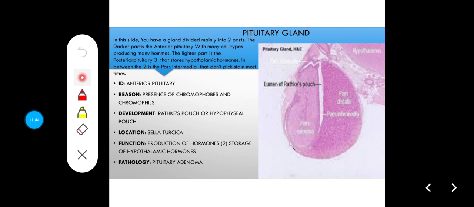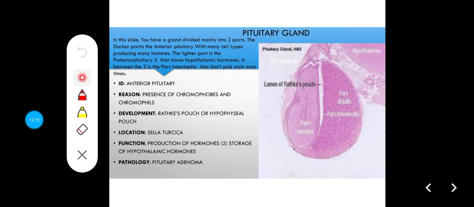The reason for identifying the anterior pituitary gland is mainly the presence of chromophobes and chromophils within the anterior pituitary. The development of the anterior pituitary gland is from the Rathke's pouch or the hypophyseal pouch.